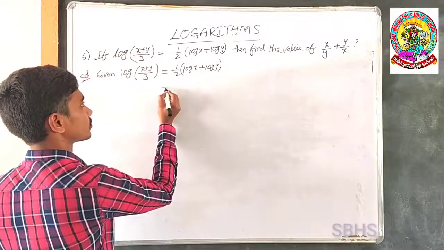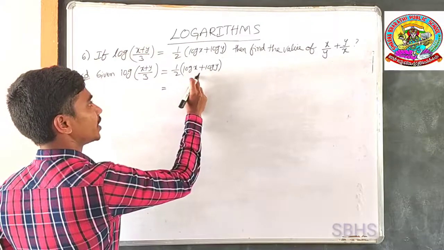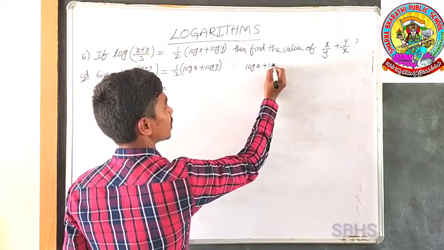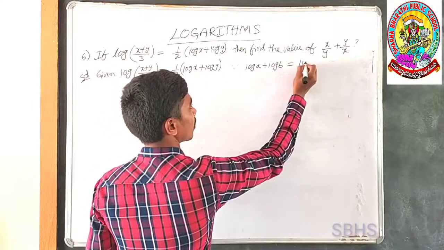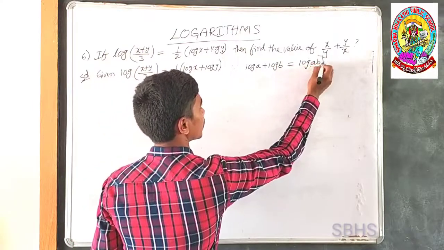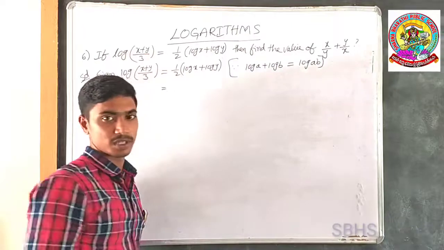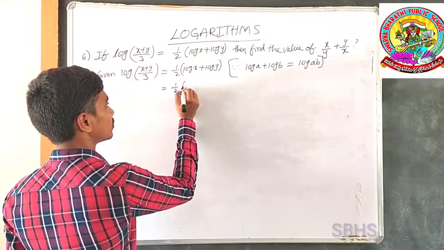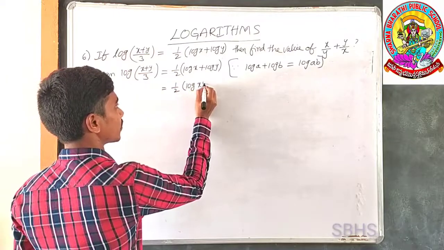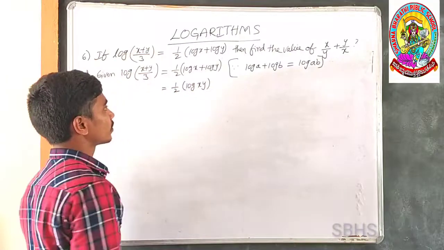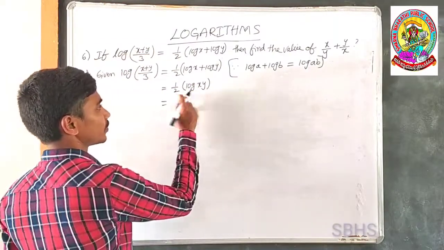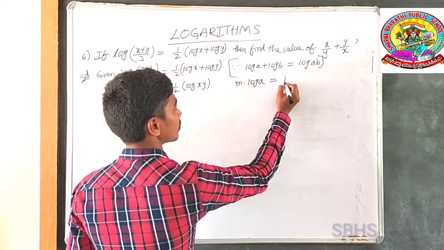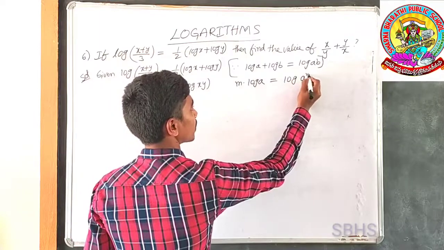First this: log a plus log b is equal to log ab. Reverse also: log a plus log b is equal to log ab. Half into log xy. It is in the form of m into log a is equal to log a power m.